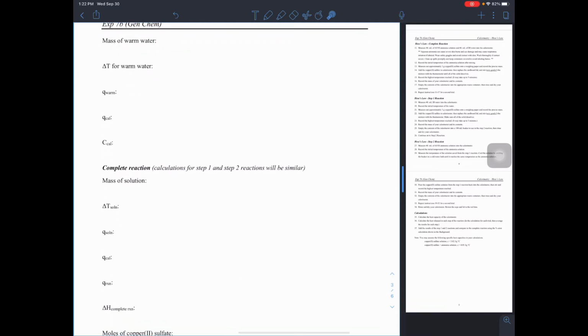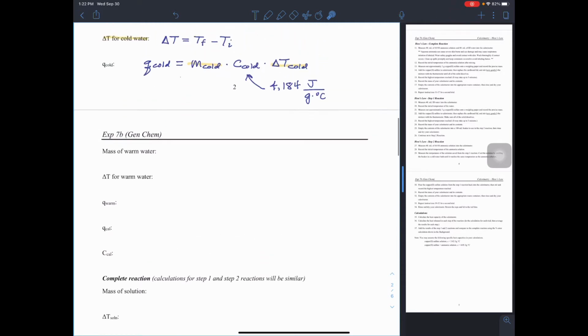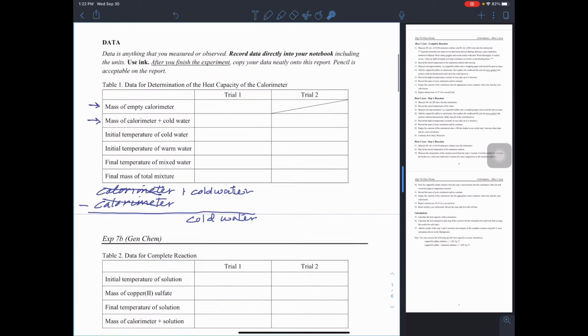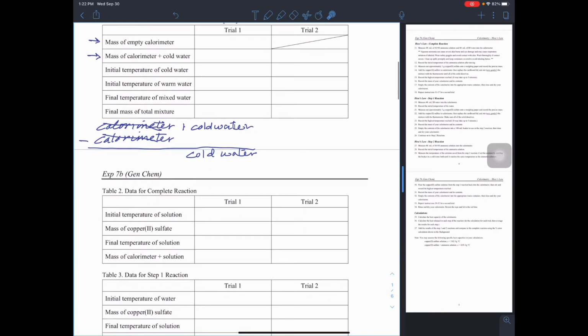Next, mass of warm water. Well, you're going to calculate this very similarly to how we calculated the mass of the cold water. Here we have the final mass of the total mixture. So what's in that? I didn't write it all out because there's not enough room in the box there. That's the calorimeter plus the cold water plus the warm water.